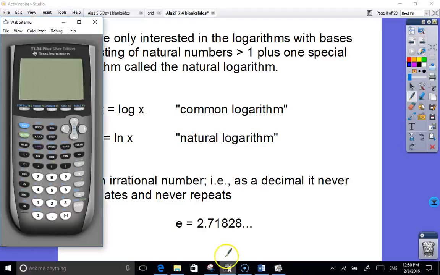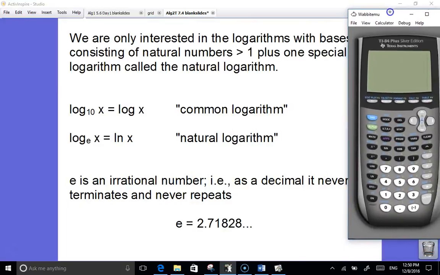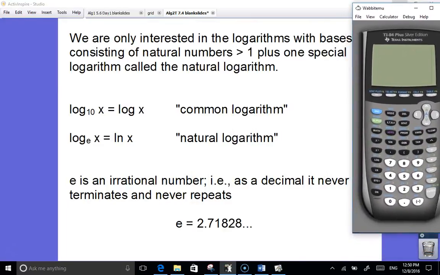If you look at your calculator, you could see on the left column right there, log. It doesn't have a b on it for a base, so that's log base 10. That one is called a common logarithm. I think it's fair to say that was the first logs that they came up with back in the 1600s.